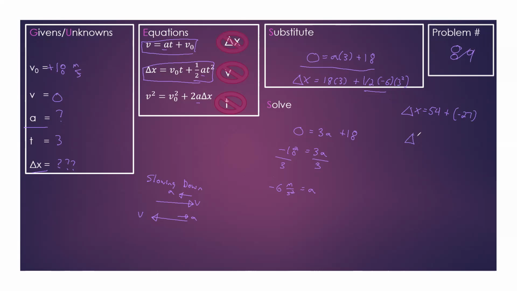And so delta x is 54 minus 27, which is 27 meters. I'm going to double check that because it's too late for me to be doing mental math. Yeah, 27 meters.